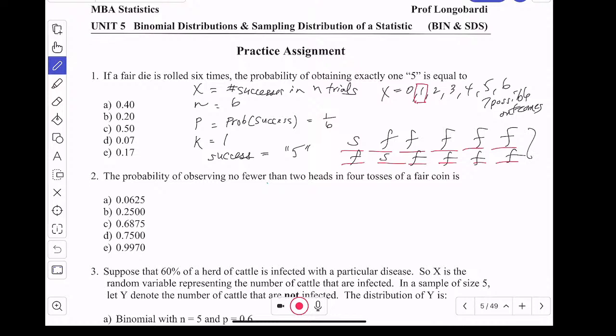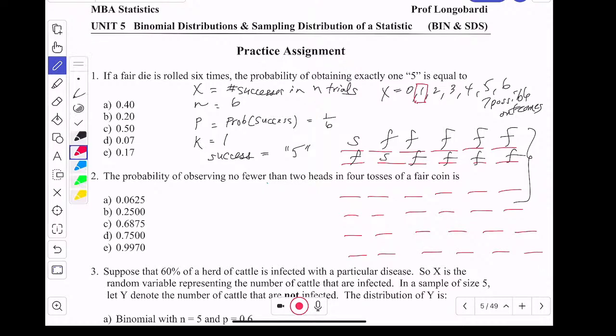So how many ways are there of seeing exactly 1 5? Do you guys see my point?